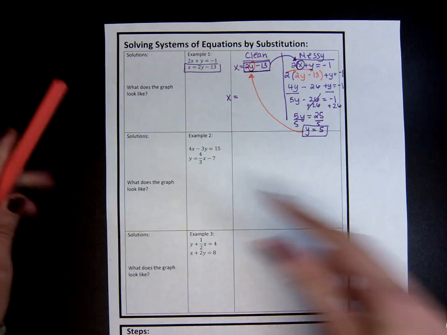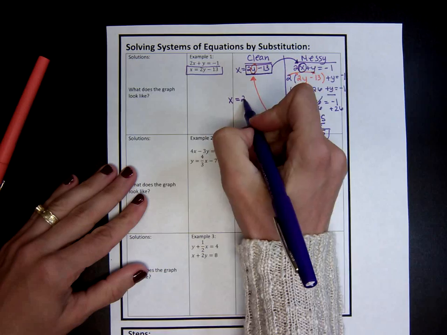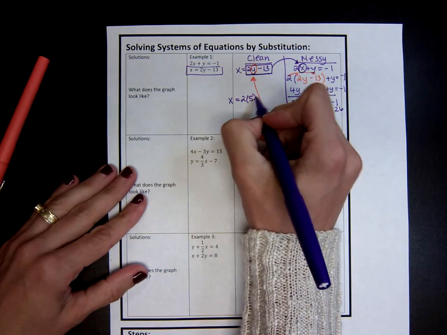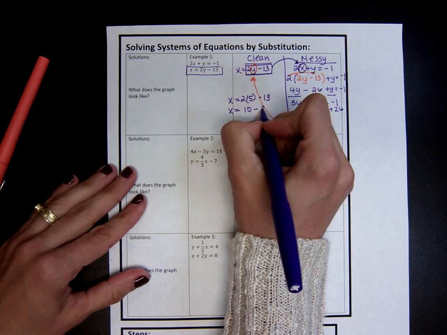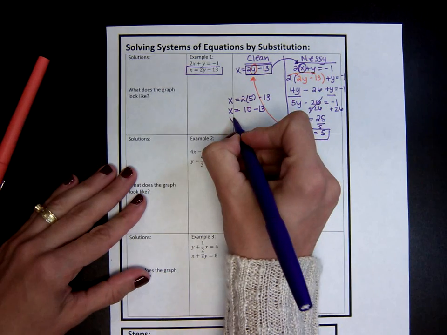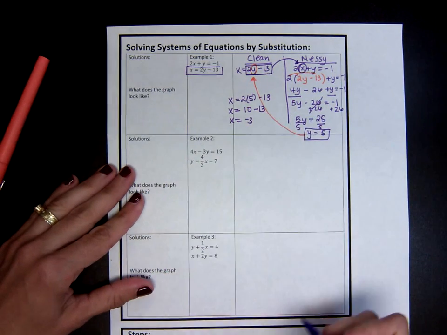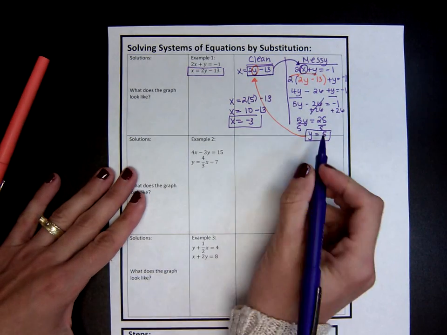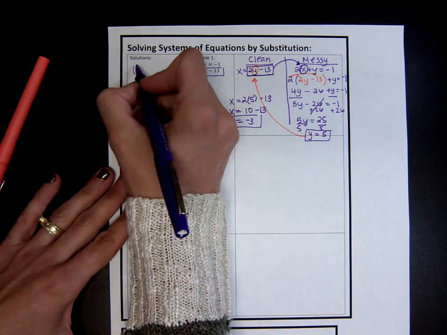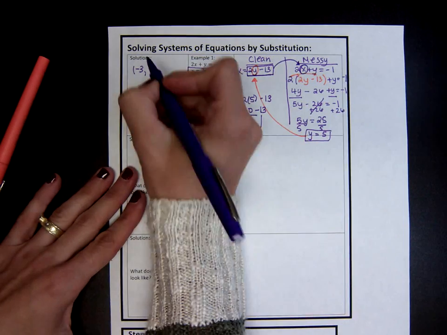So x is equal to 2 times, well y is 5, minus 13. So x is equal to 10 minus 13. So x is equal to negative 3. And we write our solutions as an ordered pair. The ordered pair is negative 3, that's our x value, 5.